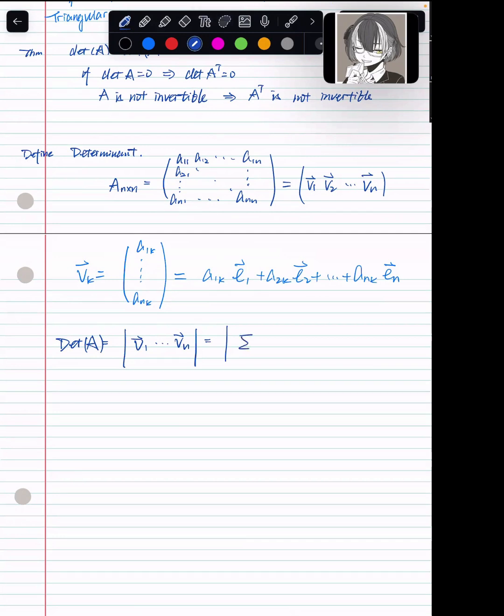So we can write it as the sum of A, let's say, AJ comma 1, multiplied by EJ, because this is the first vector.